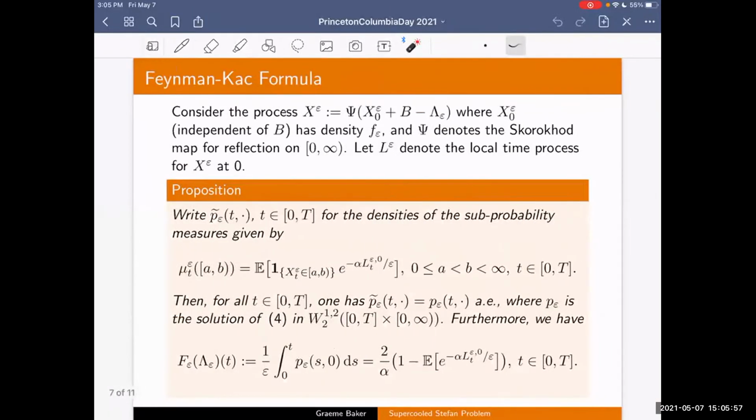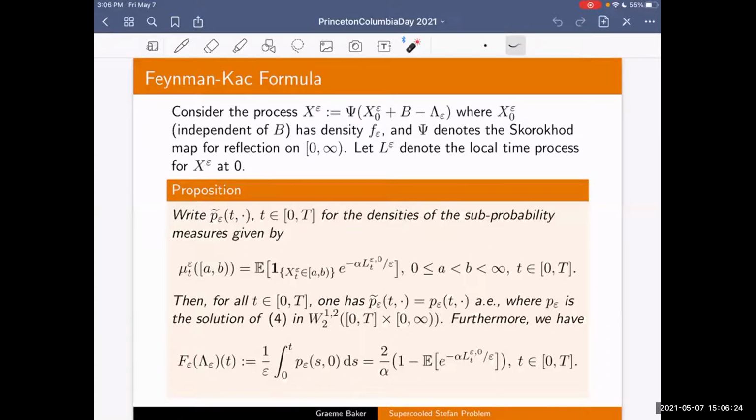Okay, so now we get to the processes part in the title of the talk. And so for this regularized problem, we have an associated process view of things. So now we have x epsilon is again a Brownian motion with drift lambda epsilon. We're doing something a little bit different though. We're going to reflect at 0 instead of absorbing.